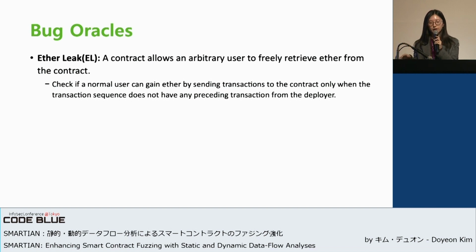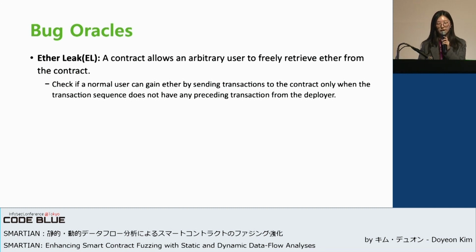So if there is a case where the deployer sends a transaction during a sequence and anyone can get either, this situation is excluded as a bug, because the deployer might allow it with a high probability. So in spite of our efforts, there can be false positives.